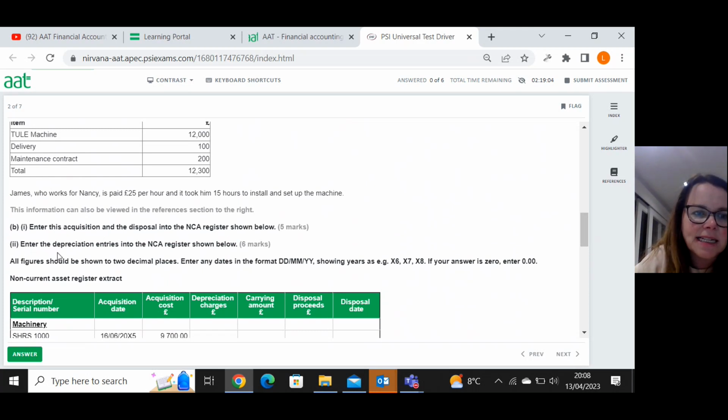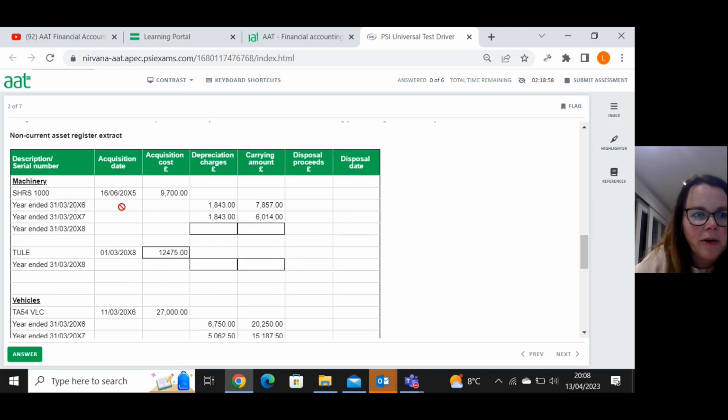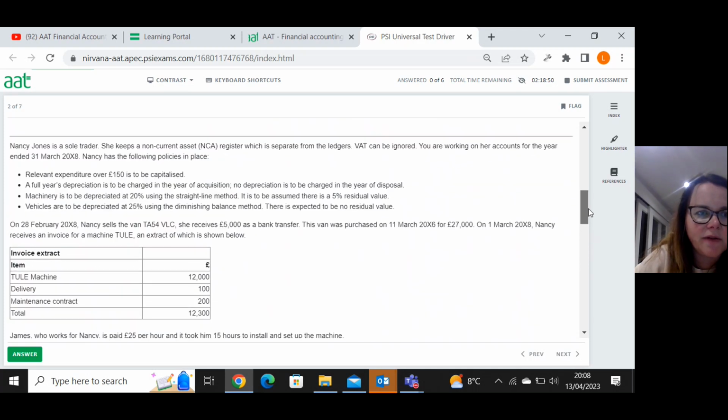It then says enter the depreciation entries. Right, so what have we got? So we've got an existing machine here. So we need to go and have a look and see what our depreciation policy is for the machine. So machinery is to be depreciated at 20% using the straight line method. It is assumed there is a 5% residual value.